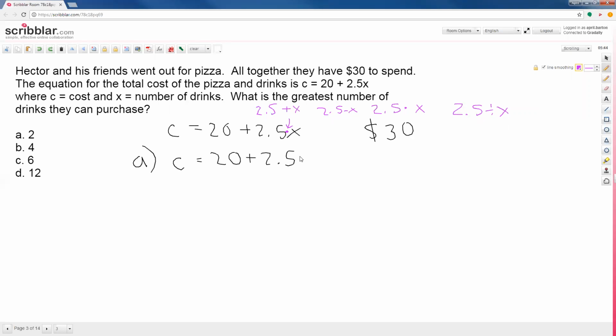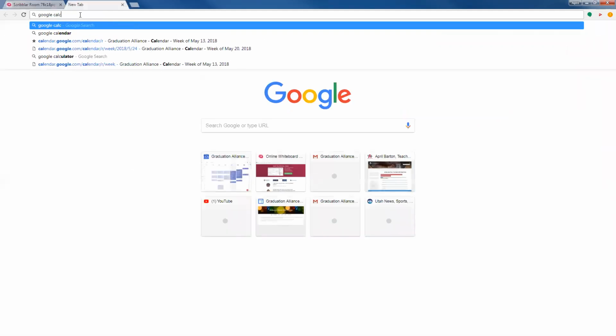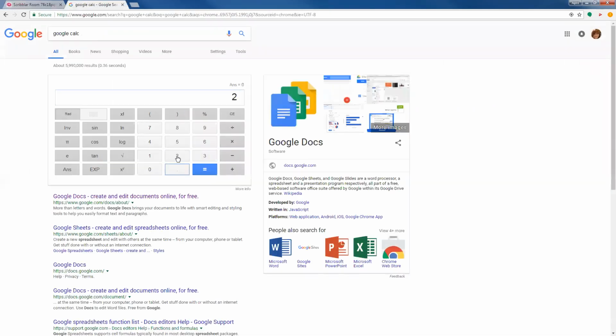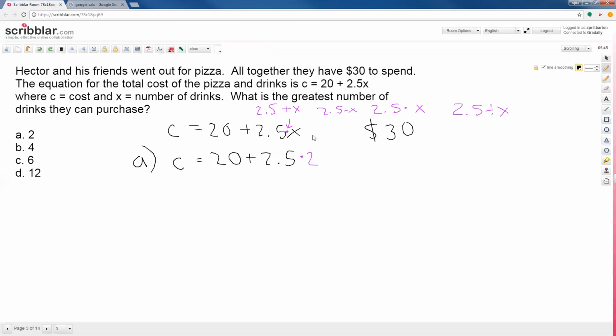And that's good to know because when we plug in 2, we need to know that we're multiplying by 2. Good job, guys. So order of operations, again, says multiply first. I need to bring up a calculator. So we do the 2.5 times the 2 first, which gives us 5.